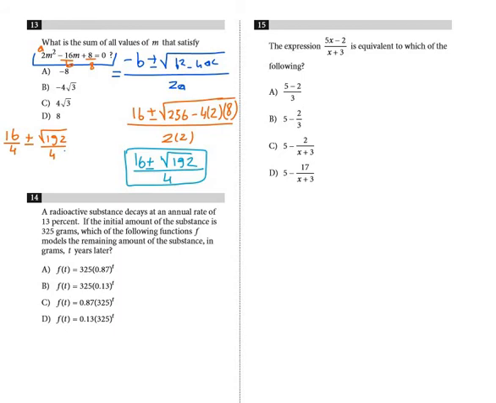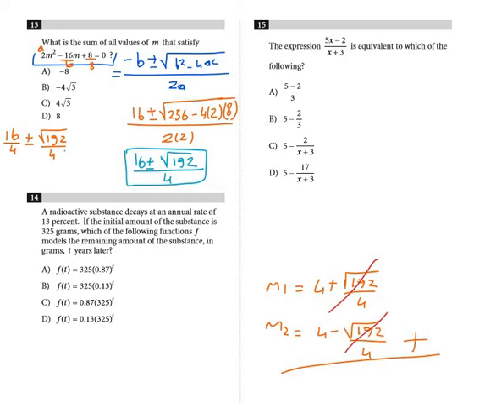One m value, m1, is 16 over 4, which is 4, plus the square root of 192 over 4. And the second m value is 4 minus, because in the formula we have plus or minus, the square root of 192 over 4. And if we add them up, the positive and negative same value cancel out. So 4 plus 4 is 8. So you don't need to evaluate the square root of 192. So 8 is the answer.